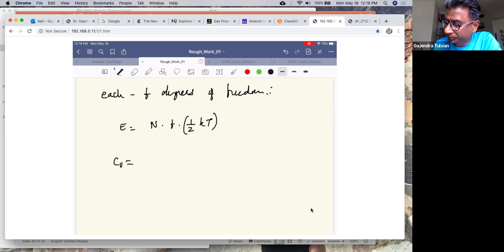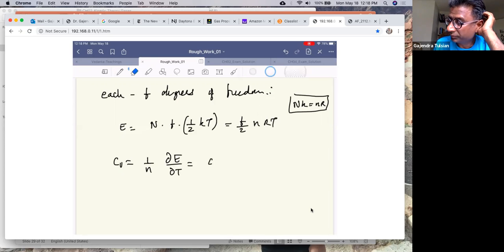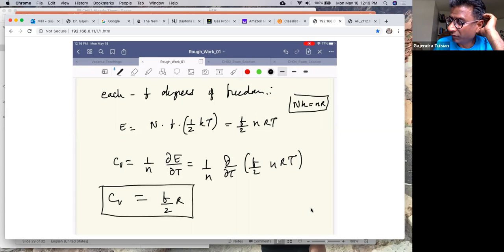And by the way, N k, the number of molecules times the Boltzmann's constant, is the number of moles times the gas constant, n R. So E equals F by 2 n R T. CV is defined as 1 over n dE by dT, which equals 1 over n del by del T of F by 2 n R T. And so what you end up getting is F by 2 times R. So the specific heat of an ideal gas at constant volume is the number of degrees of freedom divided by 2 times R. Very important relationship.